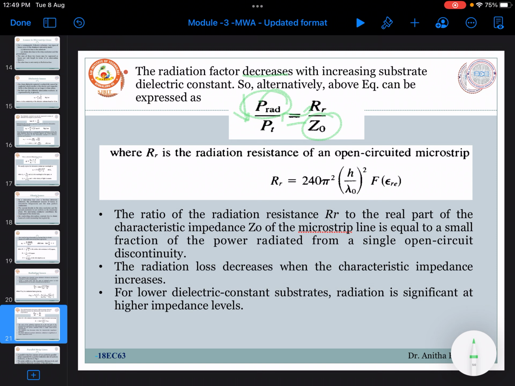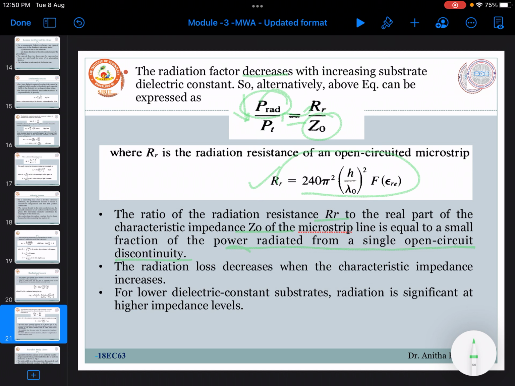Whereas the radiation resistance of an open circuited microstrip line is given by this formula. The ratio of radiation resistance to the characteristic impedance must be equal to the small fraction of the power radiated from a single open circuit discontinuity.